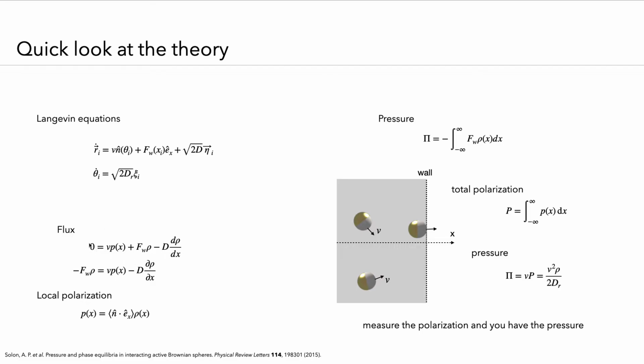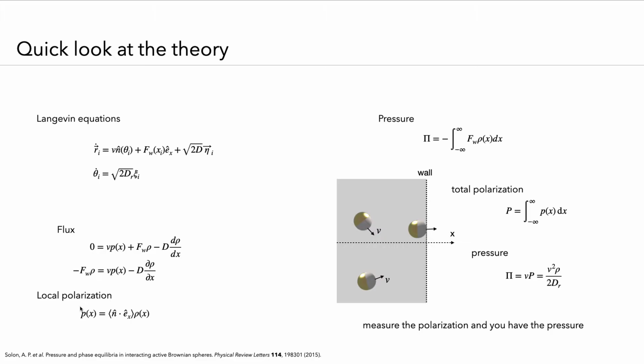On the left side you get a zero, because at the wall the fluxes are actually zero. The fluxes are then determined by a diffusive flux, an additional flux which is due to the force on the wall, and a term which contains the velocity of the particles and an additional quantity, p of x, which is the so-called local polarization.